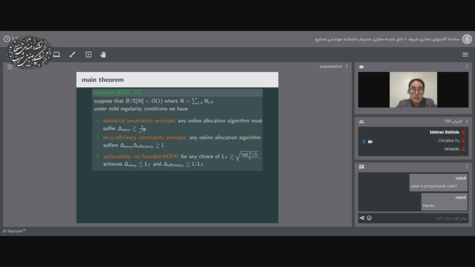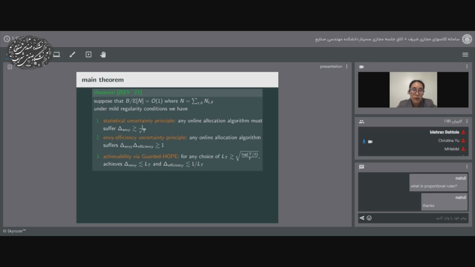The first piece is a statistical uncertainty principle: any online allocation must suffer a delta NV that is at least 1 over root t. The second one is this NV efficiency uncertainty principle: any online allocation must suffer a relationship where delta NV and delta efficiency have to be inversely proportional to each other. And the third one is that we achieve this optimal trade-off with our algorithm guarded hope.